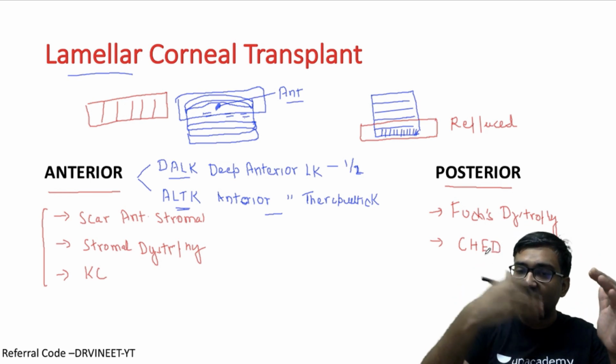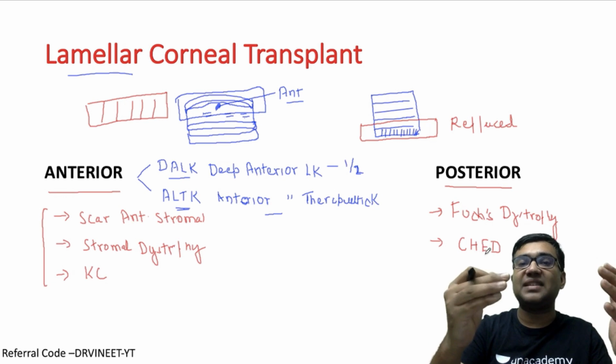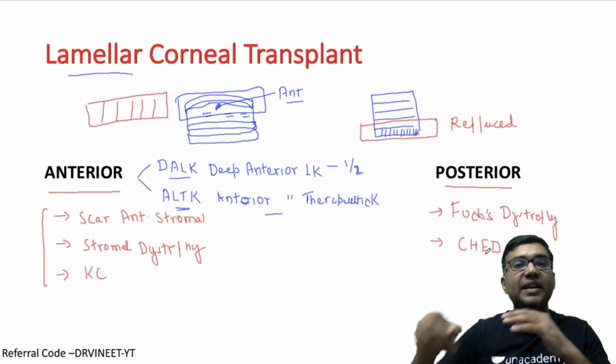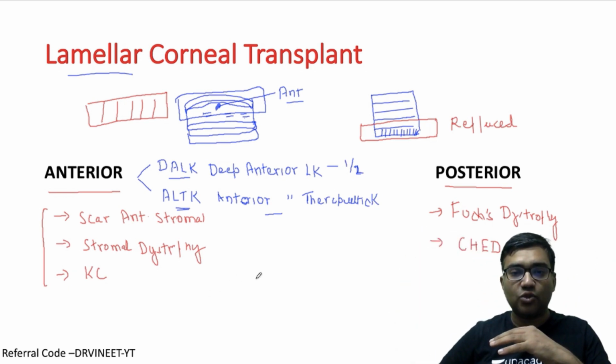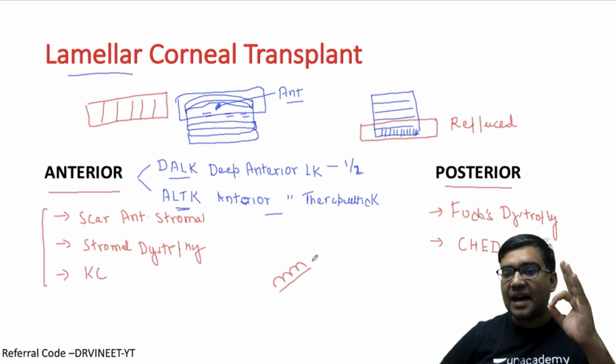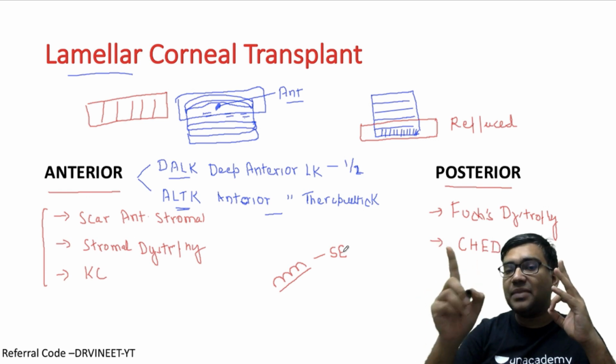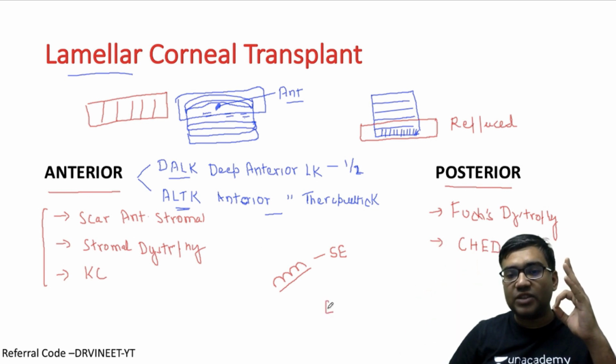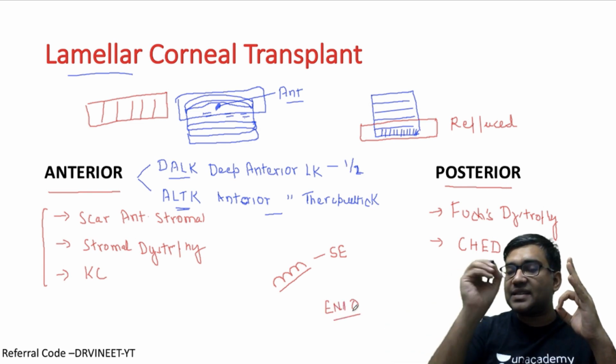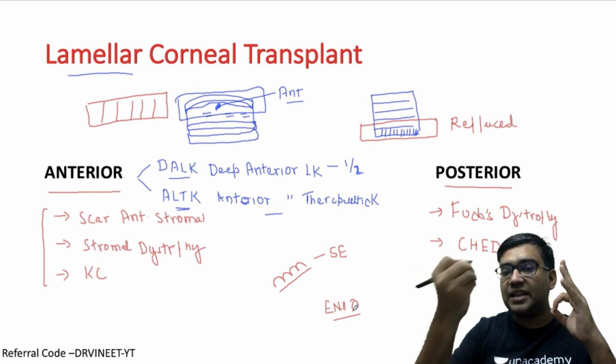So with time, bullae basically start forming in the subepithelial region. So how the bullae are there? So like this. Remember, the bullae are there in the subepithelial region, okay? But the problem is there in the endothelium, okay? So this is sometimes asked, why in bullous keratopathy do you do a posterior lamellar transplant.